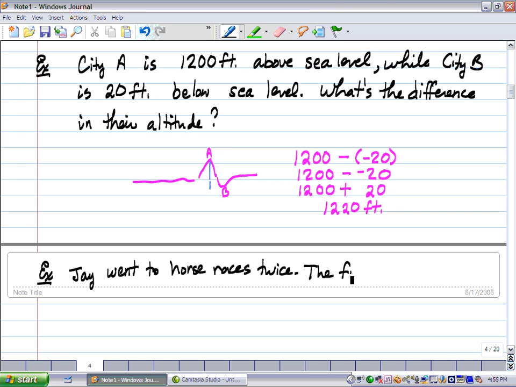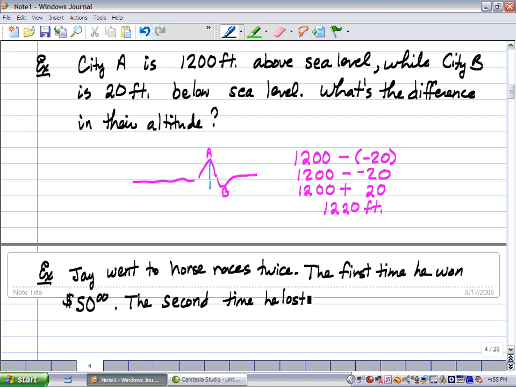The first time he won $50. The second time he lost $30. What was his total winnings or losses?